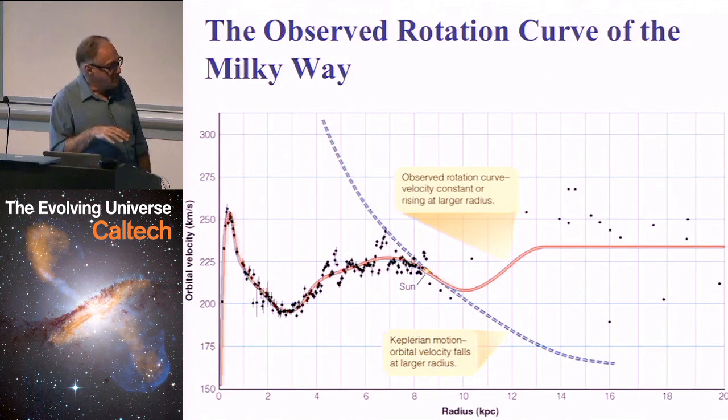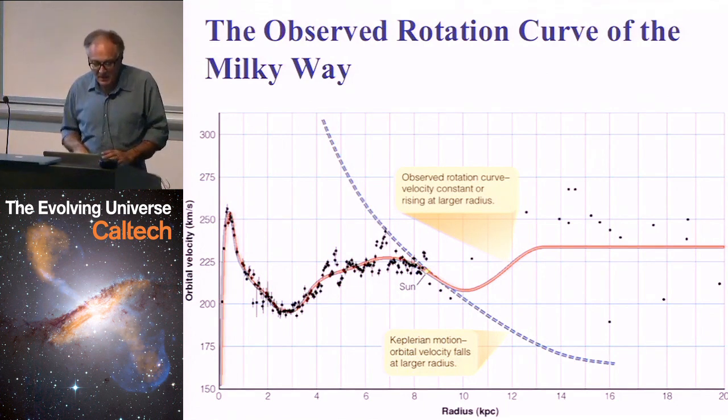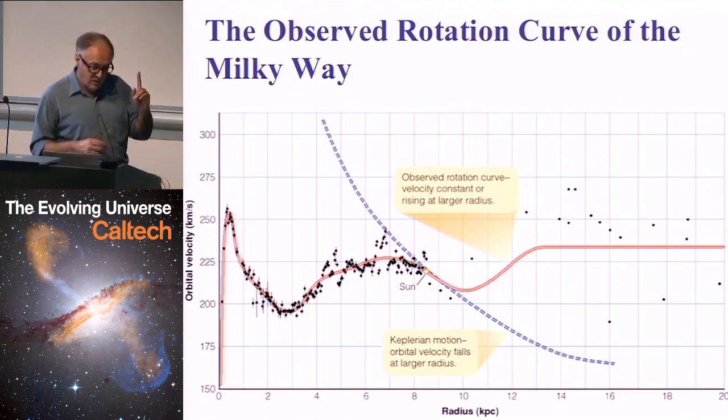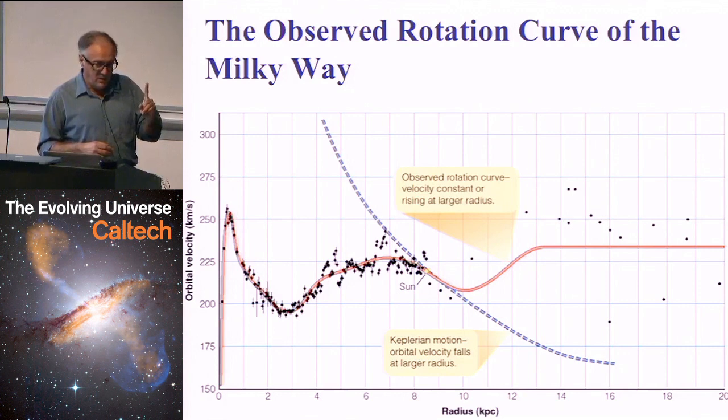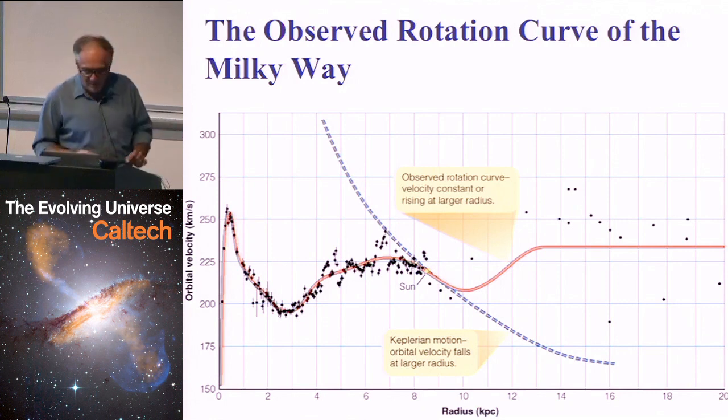To a good approximation, outside the very middle, it's roughly flat. Now, if you had purely Keplerian motions, it would be dropping dramatically with radius because the gravitational potential will be declining, and therefore kinetic energy has to go down. And so right away, there is going to be an issue here.